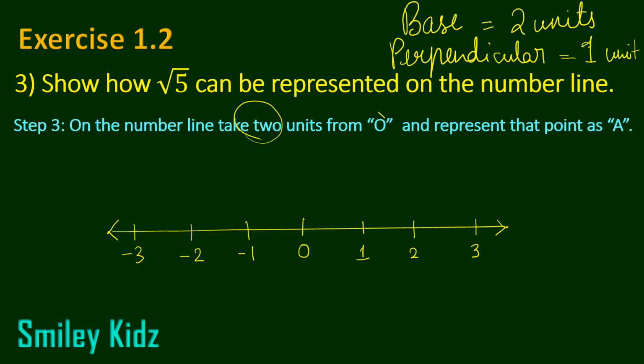Since this is the base on the number line, we are going to represent 2 units from O, let's consider the 0 as O. Now, from O, I am going to take 2 units to the right. 1, 2. That is here. Let me mark it as A. Now tell me, why did we represent 2 units only? It's because the base in the Pythagoras theorem gave us the value of 2 units. Let's move ahead and see the next step.